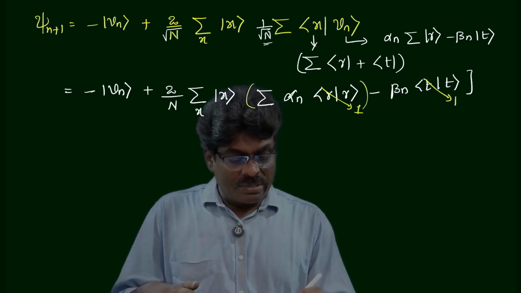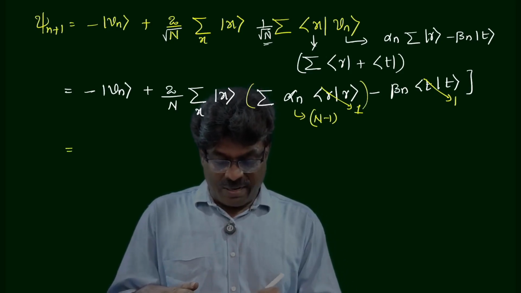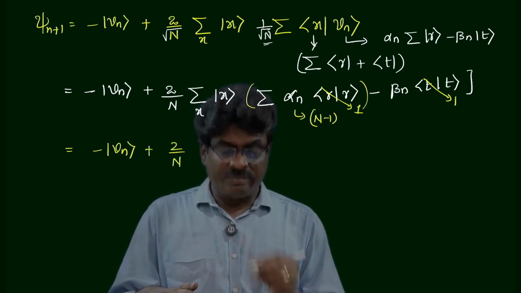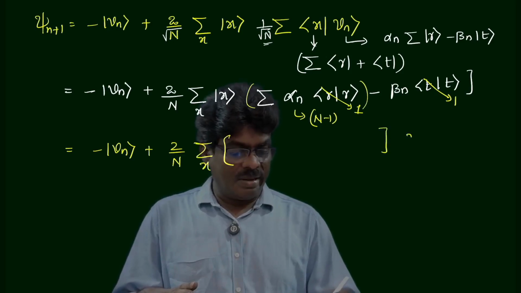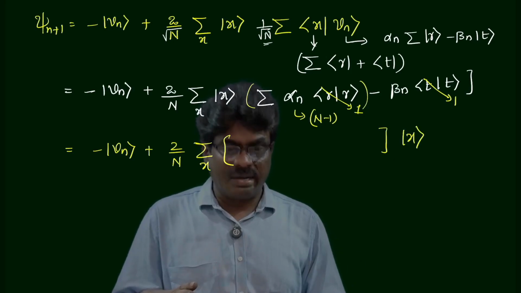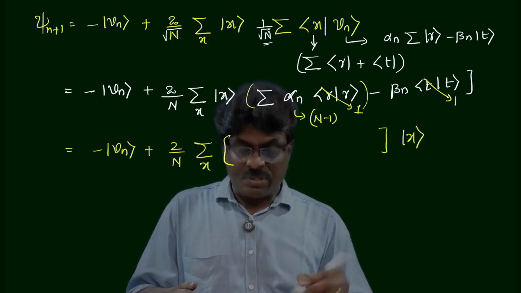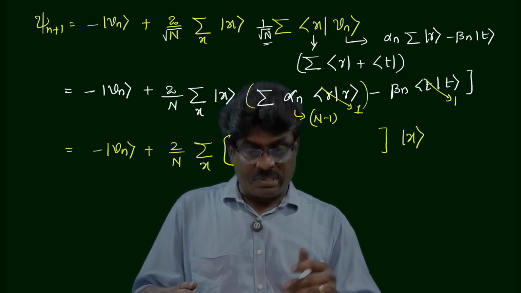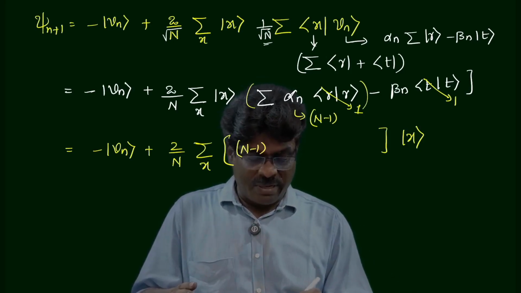And here how many terms are there? Here we have n minus 1 terms. That's why finally we can write minus Vn plus 2 by n summation over x. Now carefully see, here I am writing this x ket vector, and whatever the constant I have, that I am writing. Summation is gone already because n minus 1 terms are there, so summation gives n minus 1 into alpha n minus beta n.